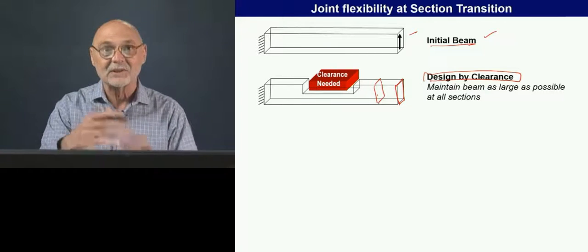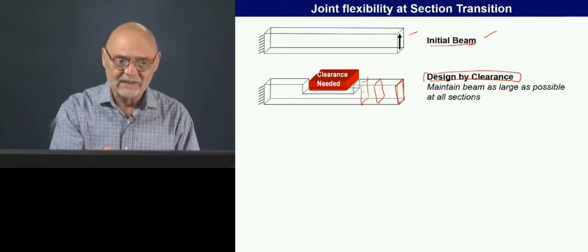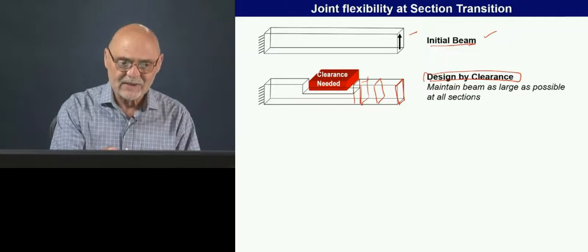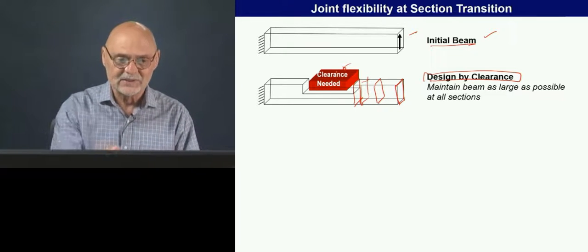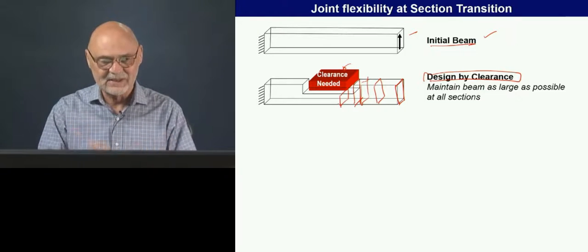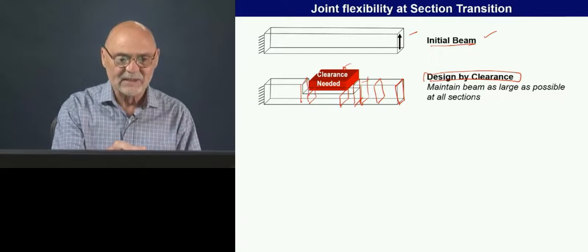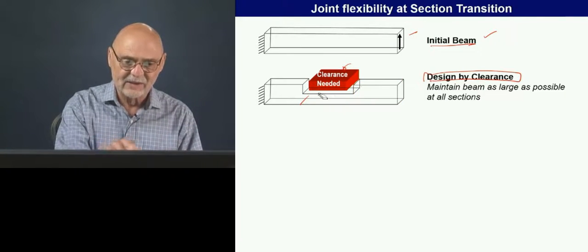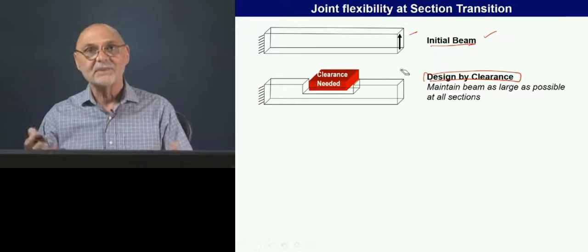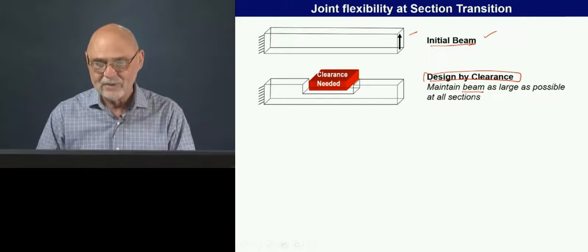I need a big section. This is as big as I can make it. Here's another. This is as big as I can make it. This is as big as I can make it here. And then finally I reach the object that I need to miss. So I say, well, here's the biggest section I can have, and I go down, and then finally, as soon as I can make the section bigger, I make it bigger. Okay, so that's what we mean by design by clearance, and it makes some sense because we're making the beam as big as possible wherever we can.